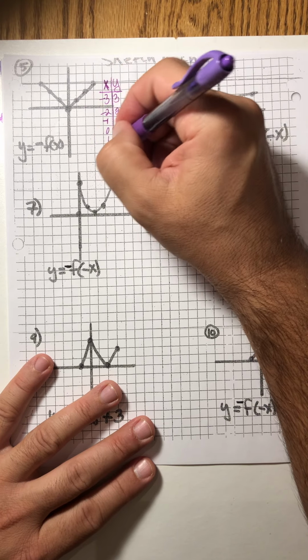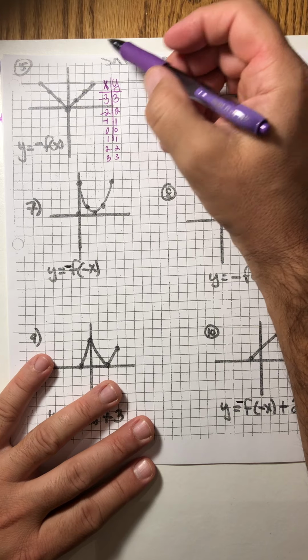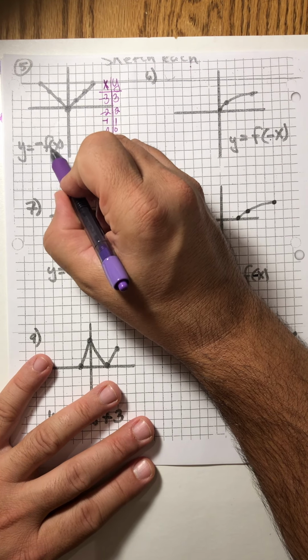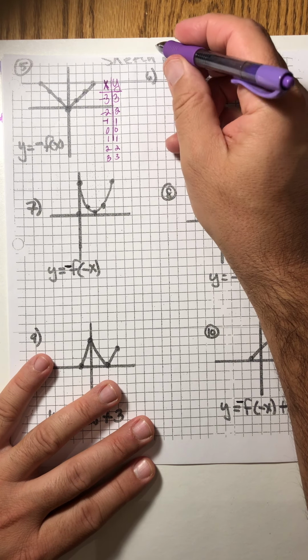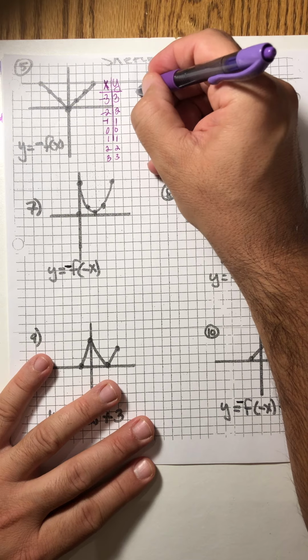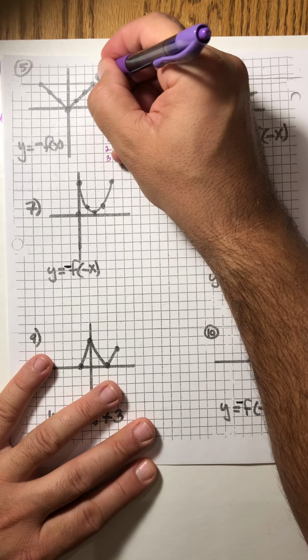And then 3, 3. So this is the actual absolute value function. All right, now what does this say? What do we do to the x's? There's nothing going on inside the parentheses, so the x's stay the same. So we do nothing to the x's. So here is my equation. So this is the original.